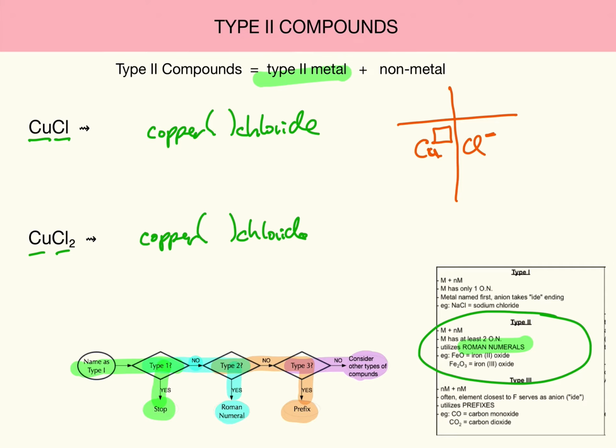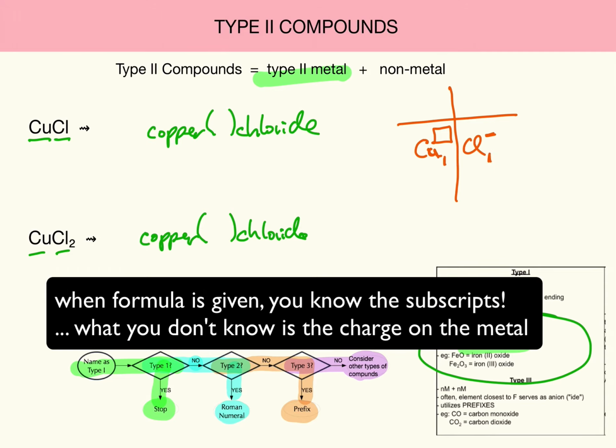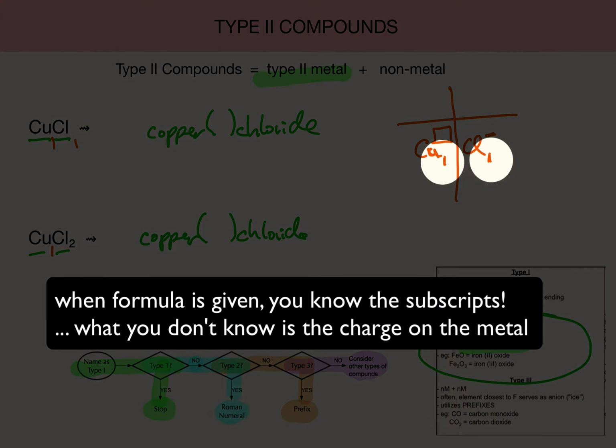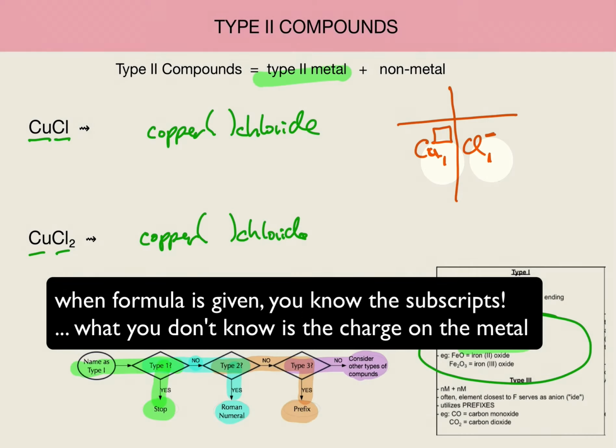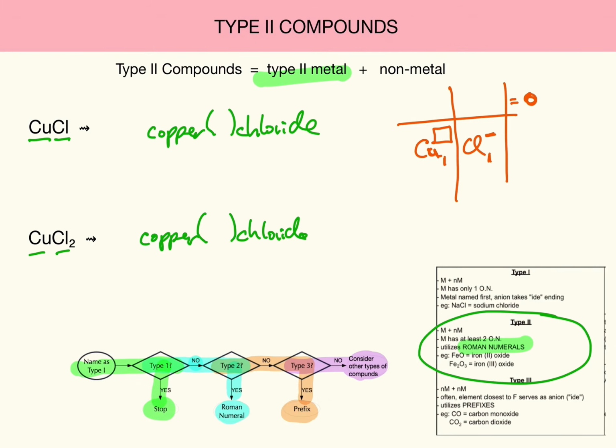So what can we do here? Well, it's given us the formula. If it gives you the formula, you know the subscripts. So we know the subscripts. We know the charge on one of them. And what else do we know? We know that the total positive plus the total negative has to sum to 0, because the molecule has to be charge neutral. So what's our total negative charge? 1 times -1 is -1.